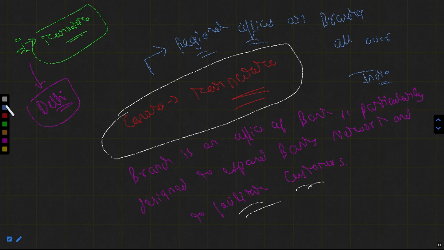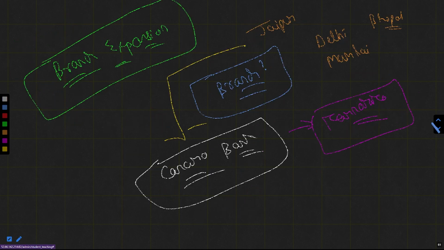The answer is no. I have to go from Delhi to Karnataka, and only then can I use the services. We know it would be very difficult for customers. That's why, to facilitate the customers, Canara Bank will open a branch in Delhi, so that customers living in that area, instead of coming to Karnataka or the head office for every work, can use the branches. Now I hope you have a clear example of what a branch means.